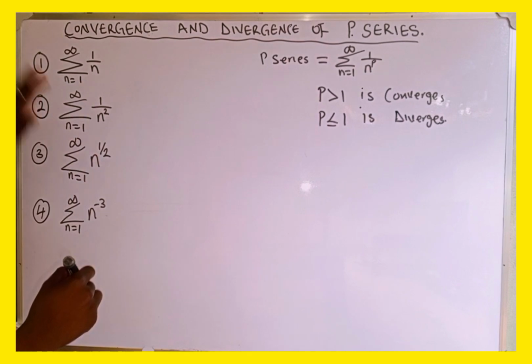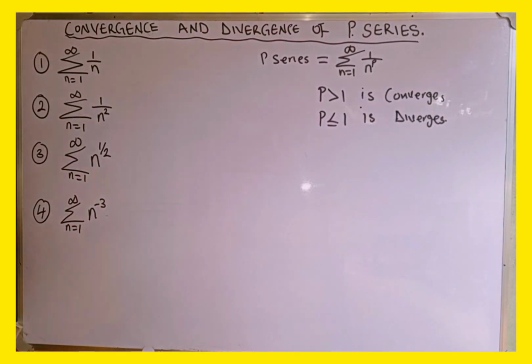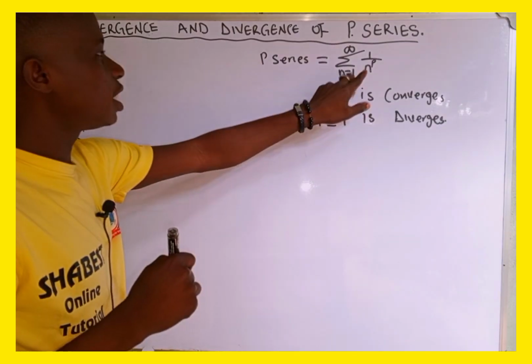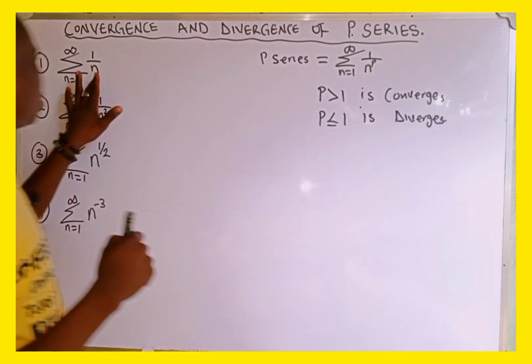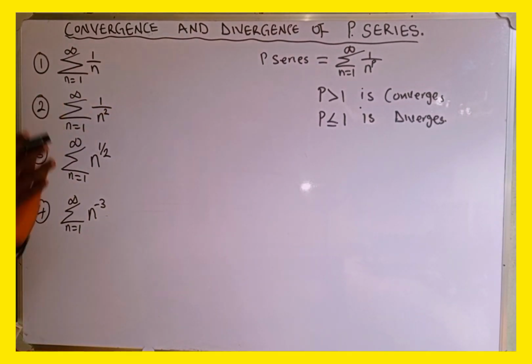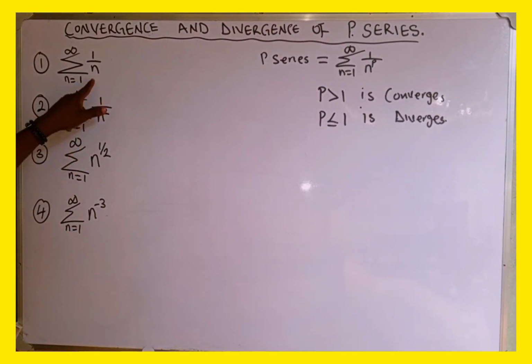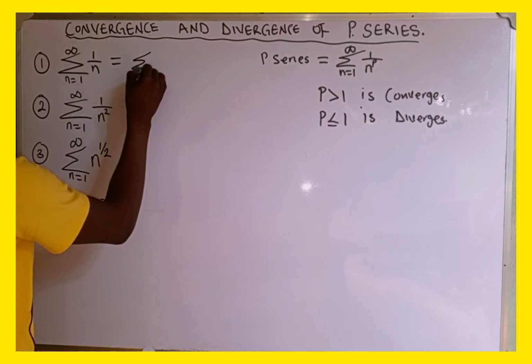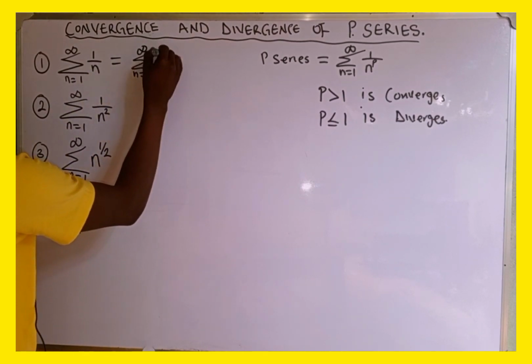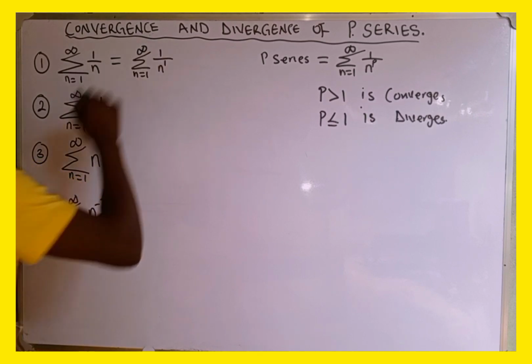Now we're going to look at the series on the board from number 1 to 4. The first one is summation as n ranges from 1 to infinity, 1 all over n. In respect to this formula, we notice that p is the power of n, and this series is in the form of a P series. So series number 1 can also be written as summation as n ranges from 1 to infinity, 1 all over n raised to the power of 1.